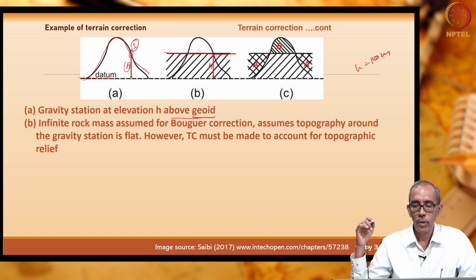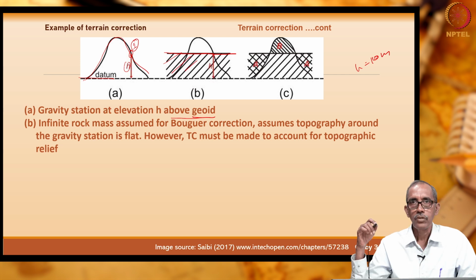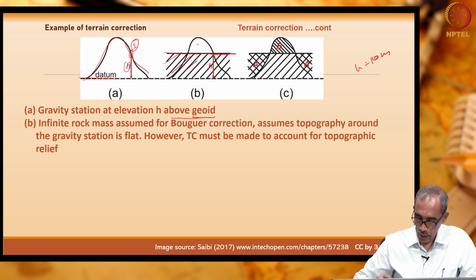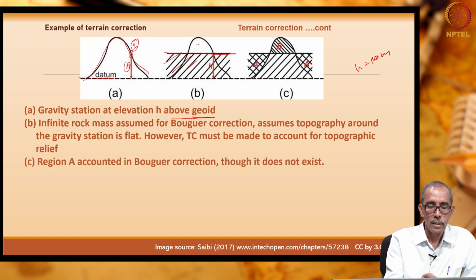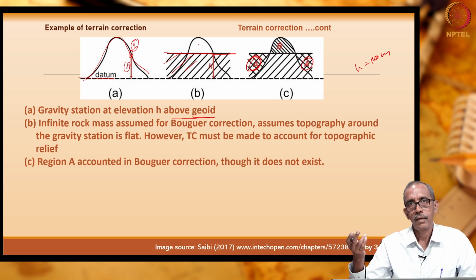In Bouguer correction, we assumed the presence of an infinite slab. Actually, we have to account for the presence of this mountain, right. See, the region A is considered in Bouguer correction. Actually, A is not there, isn't it?